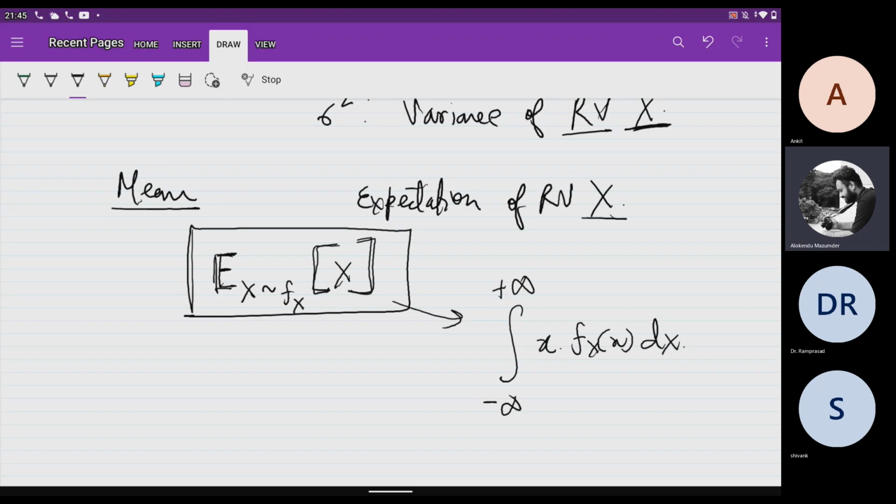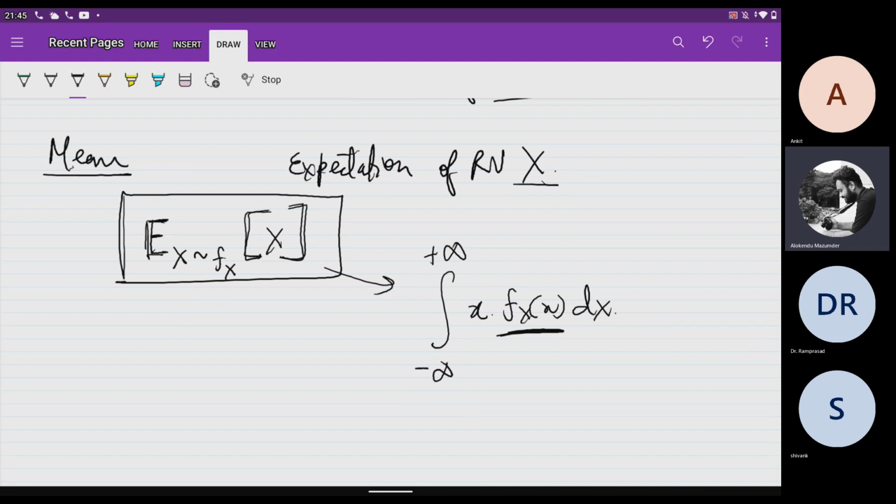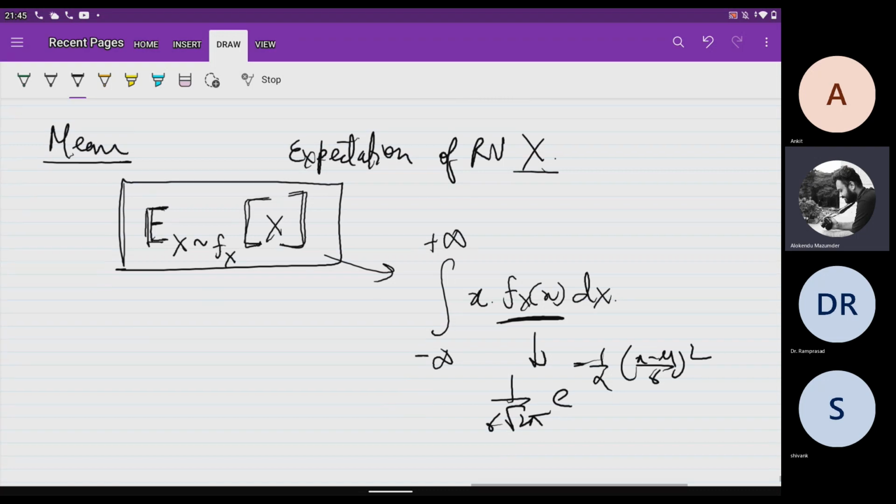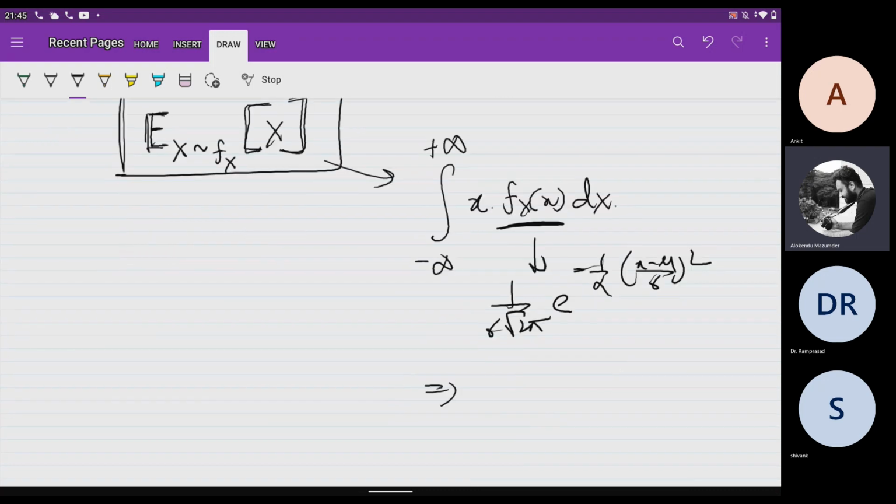Now if you plug the Gaussian density formula here and solve the integral, which is a very lengthy integral, you will get that the expectation is nothing but mu. So the mean of a Gaussian random variable is mu.